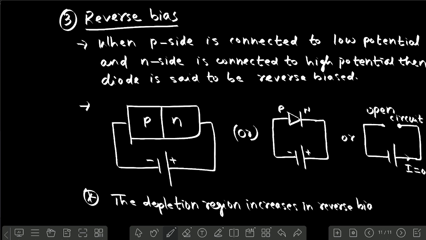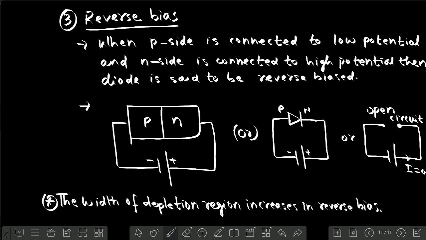Basically the width of the depletion region increases. Here is a star mark point: the width of the depletion region increases. Okay. Now the next, barrier potential variation, we will check a little.